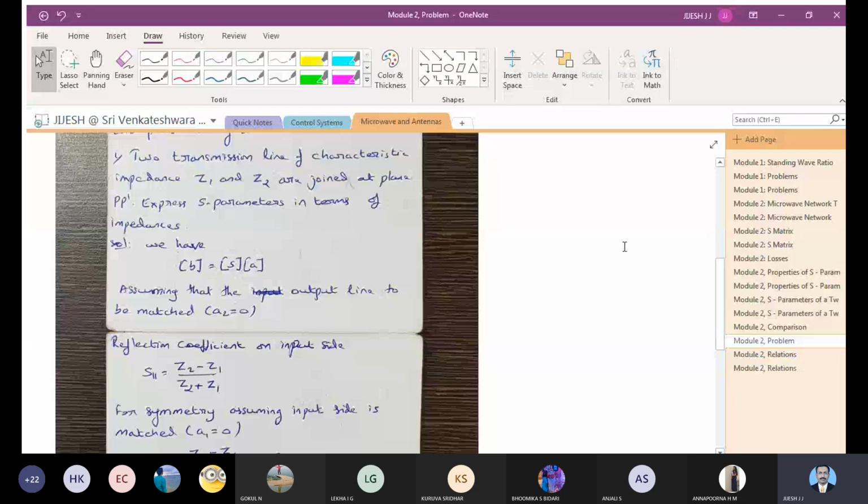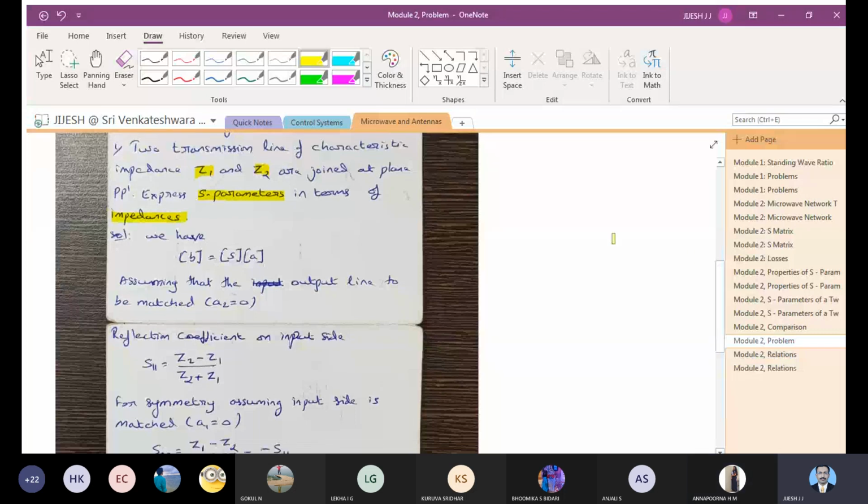They are joined at plane PP dash; express S parameters in terms of impedance. So the S parameters are S11, S12, S21 and S22, and you have to convert these into Z1 and Z2. We are going to see how we can solve this problem.